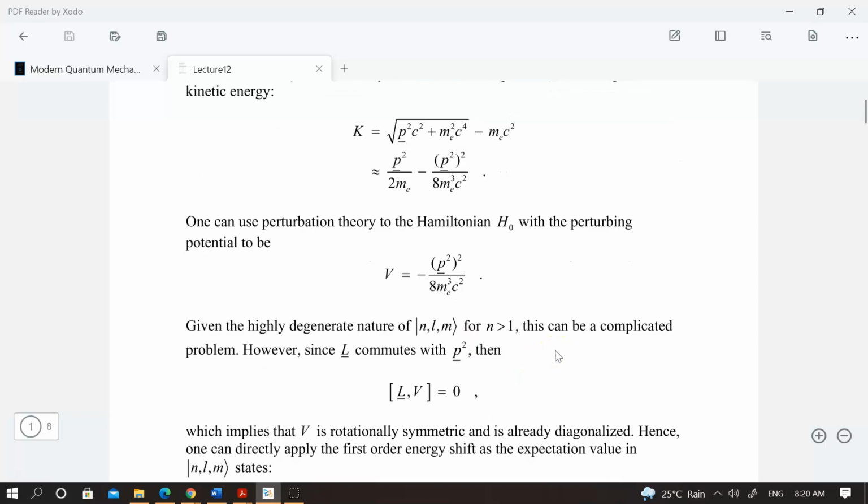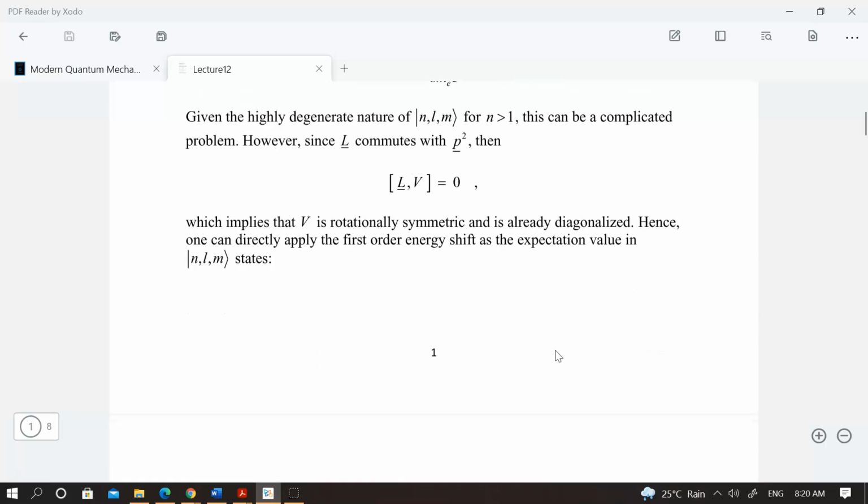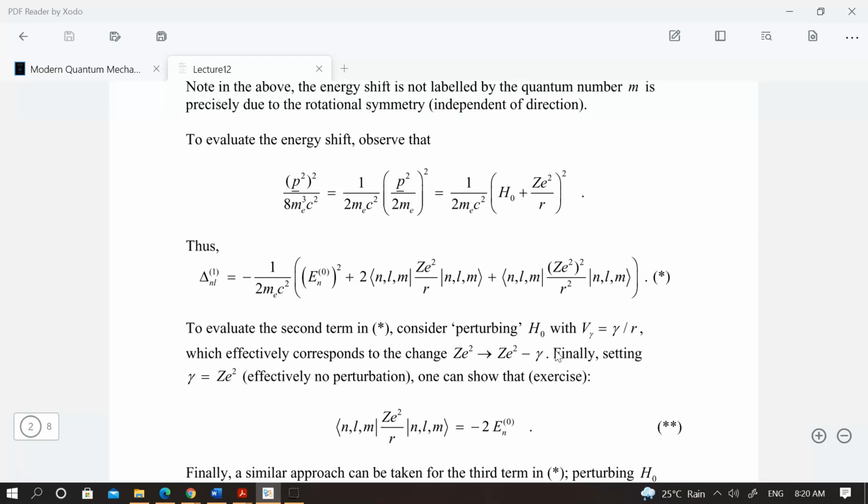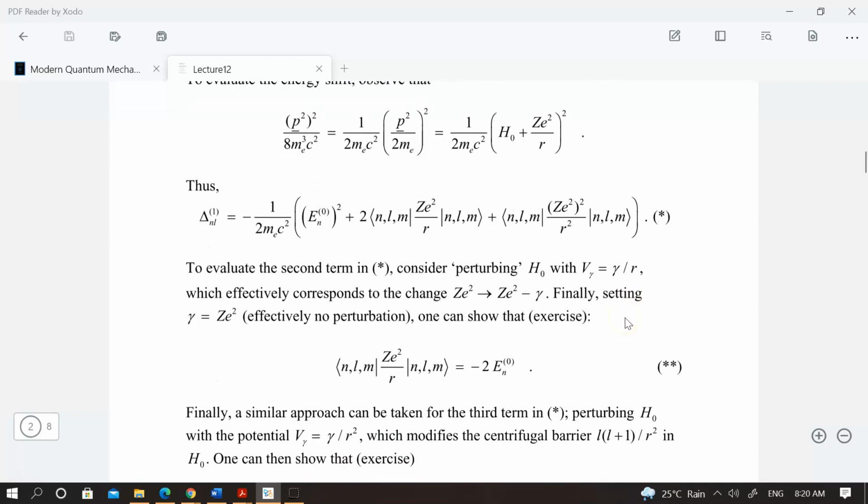So I think we have finished that, and come to the point of evaluating the first order energy shift.